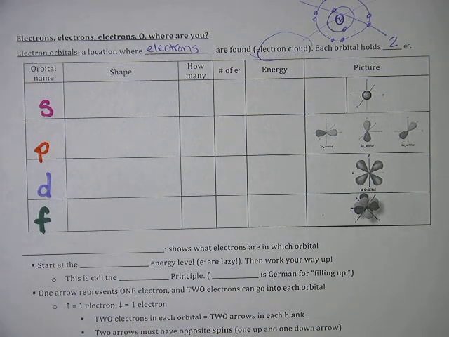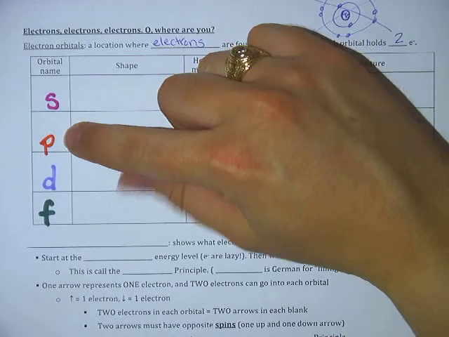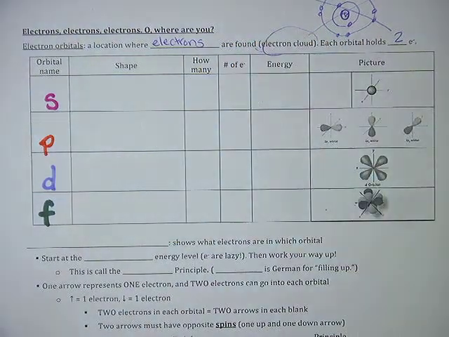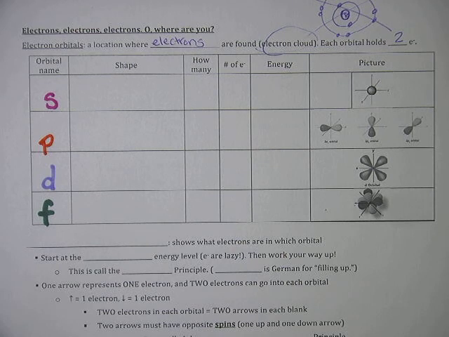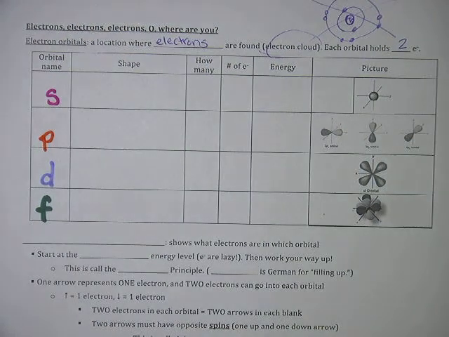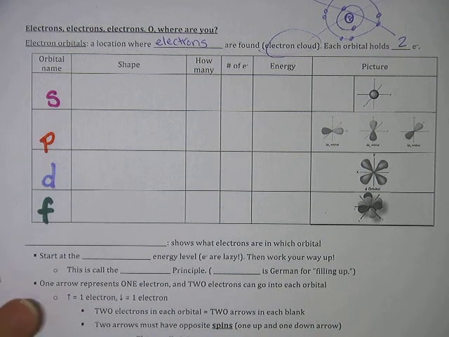Again, s, p, d, f. And again, this is where I'm color coding. So I'm using pink for s, orange for p, blue for d, green for f, kind of arbitrarily. Doesn't really matter. Just as long as you stick to the same color for each letter for everything we're doing, you'll be fine. So let's talk about s first.